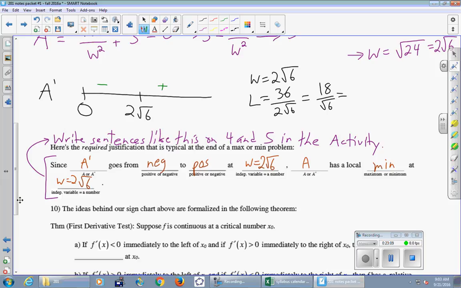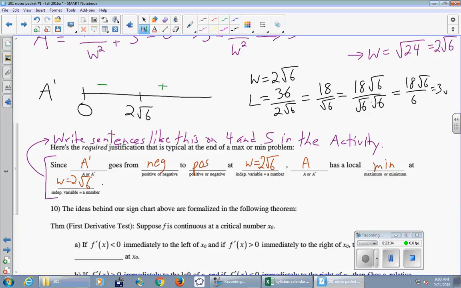You guys remember the technique to rationalize a denominator? Top and bottom get multiplied by root 6, right? And so I get 18 root 6 over root 6, right? What's that? Yeah, so over 6, and then 18 over, I'll just write it. So I think that just becomes 3 root 6.